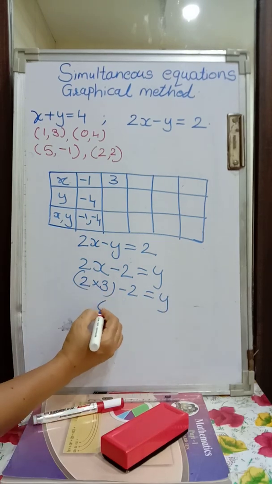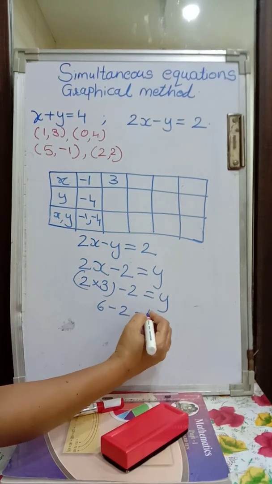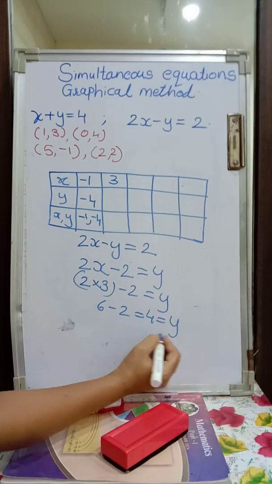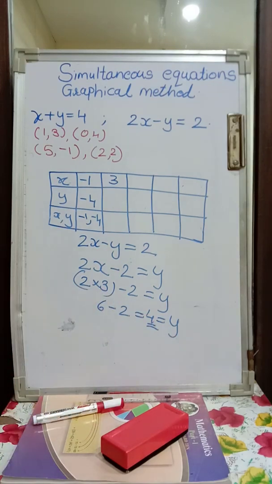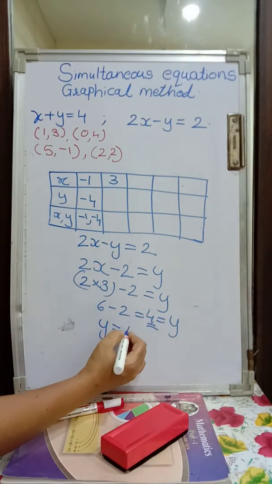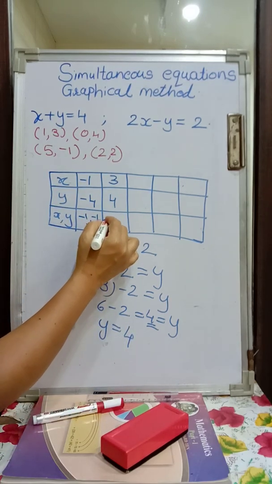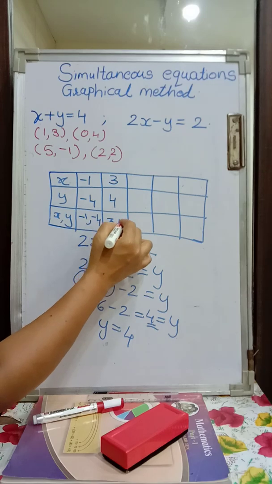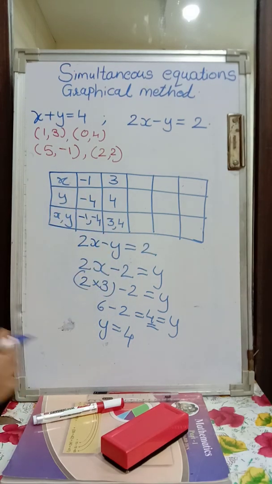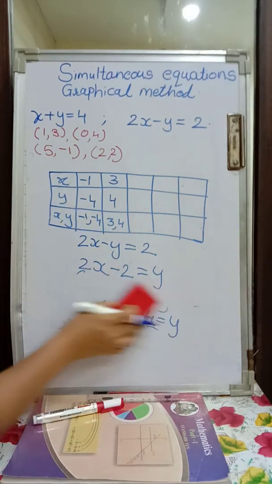So 2 3s are 6 minus 2, which is equal to 4, which will be equal to y. So when x is 3, y will be equal to 4. So I have here 3 comma 4.